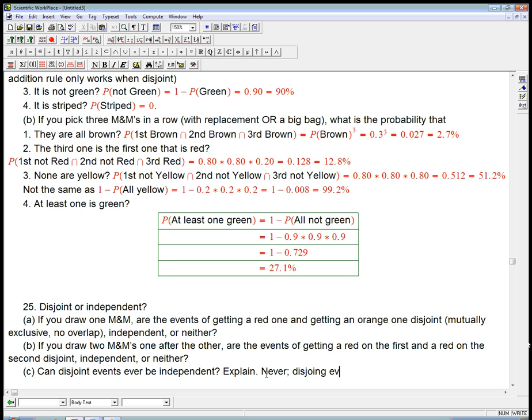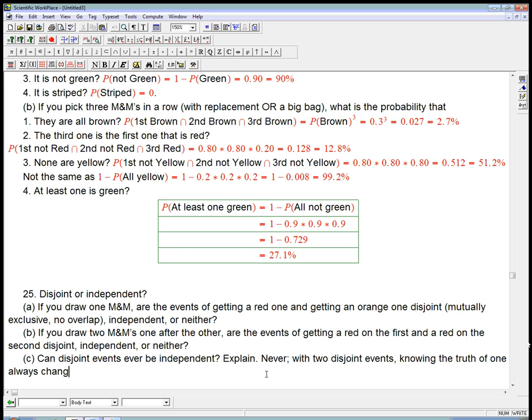Disjoint events always change. Let me say it this way: with two disjoint events, knowing the truth of one, that one happened, always changes the probability of the other, namely to 0.